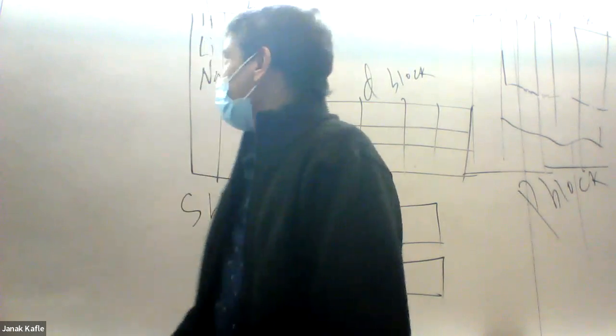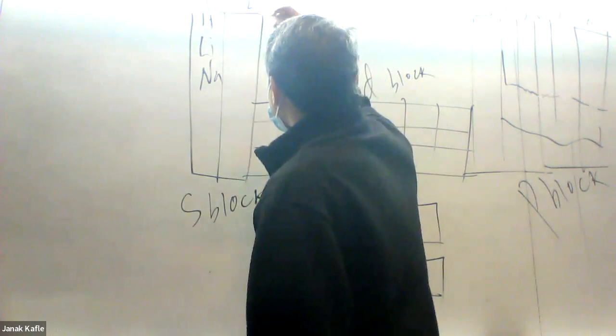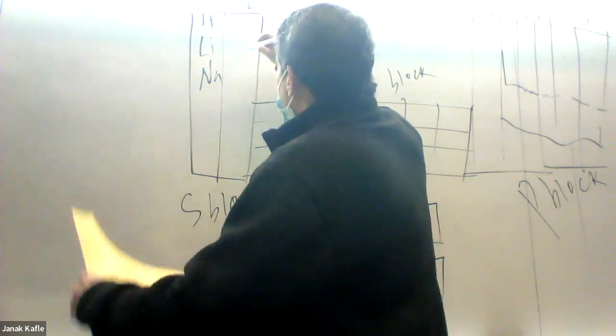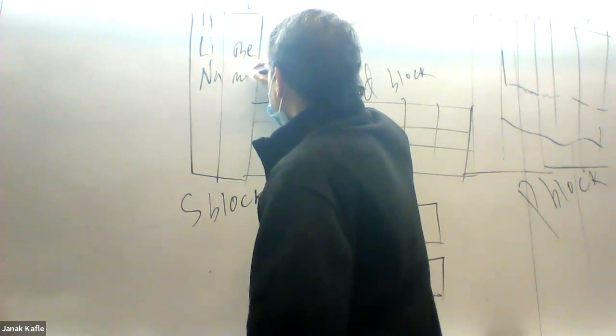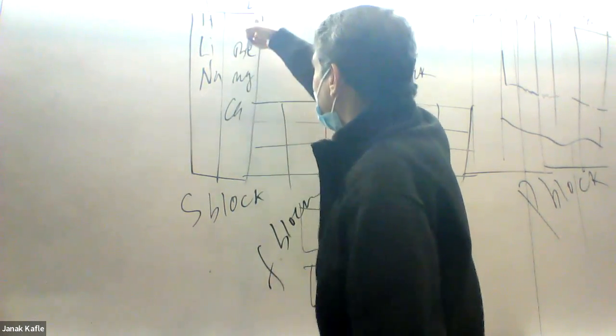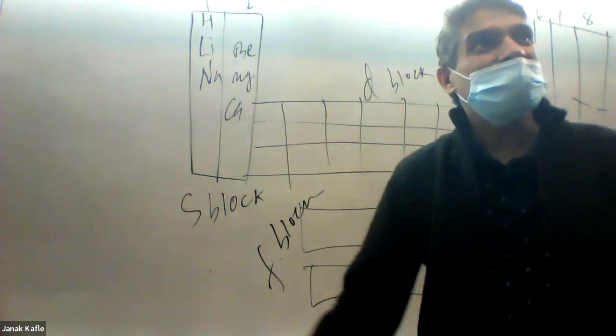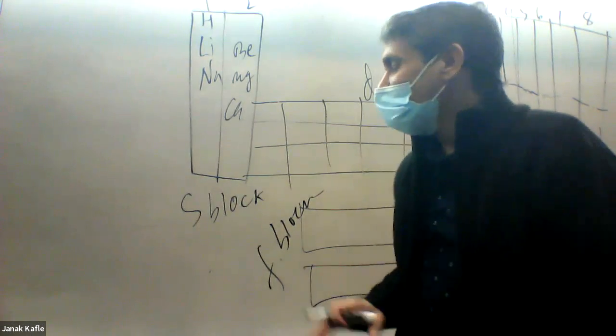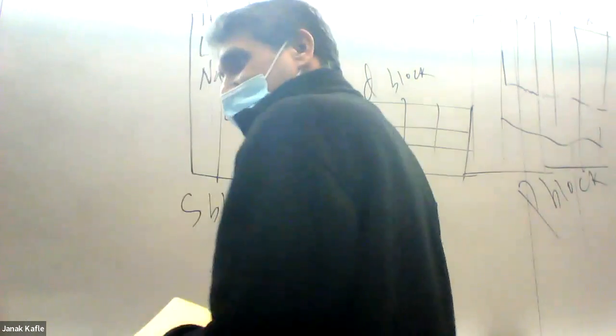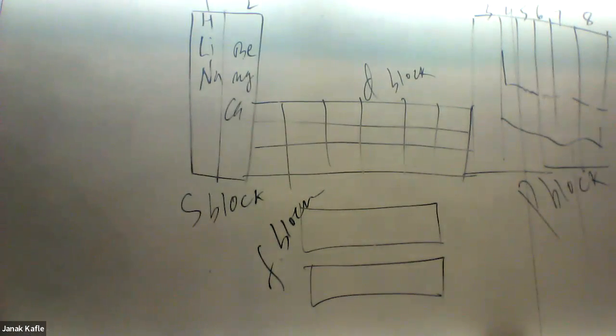Make sense? And when you go here you will see beryllium, magnesium, calcium, and all these elements behave the same way. They make similar kinds of compounds. What I wanted to stress here is not to talk more about the chemical properties.